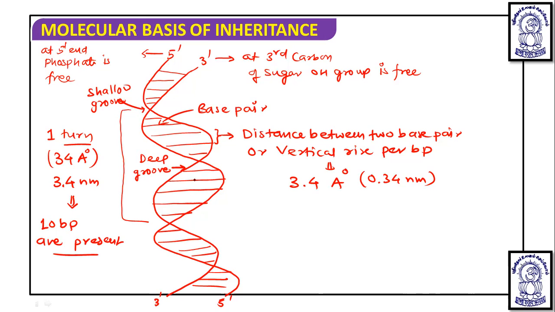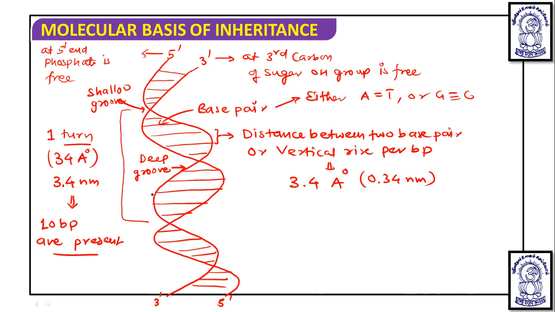In this, here you will see the base pair. That base pair can be either A double bond T or G triple bond C base pair are found. Okay, and these are the two polynucleotide chains which run anti-parallel to each other.